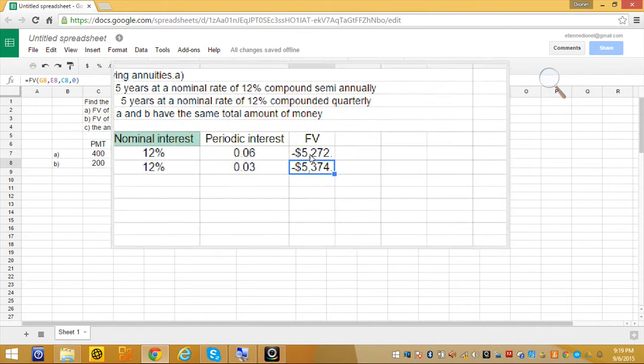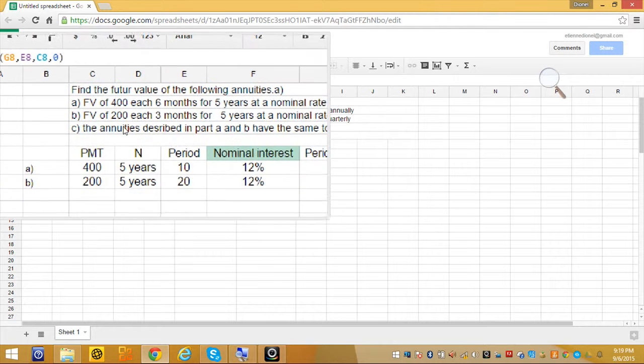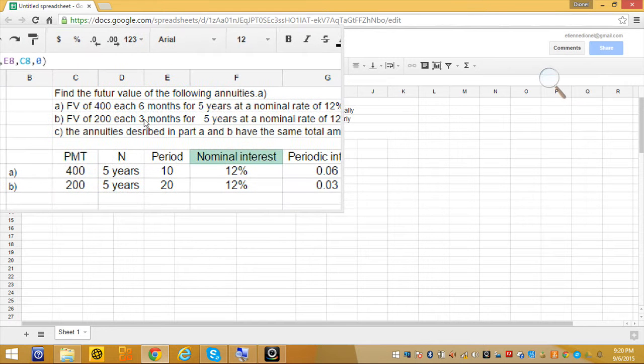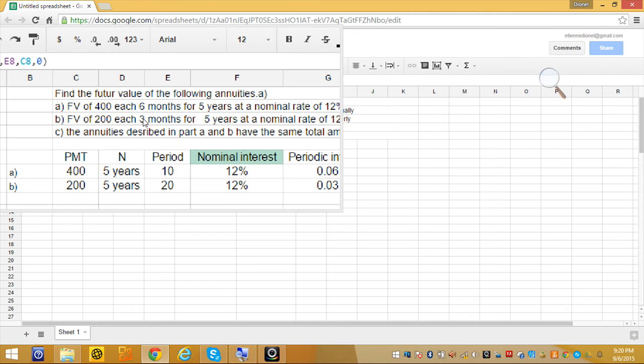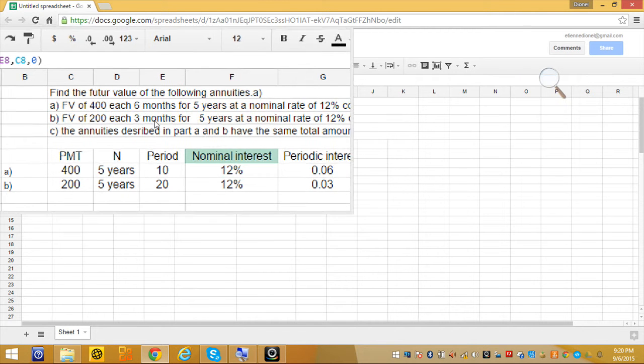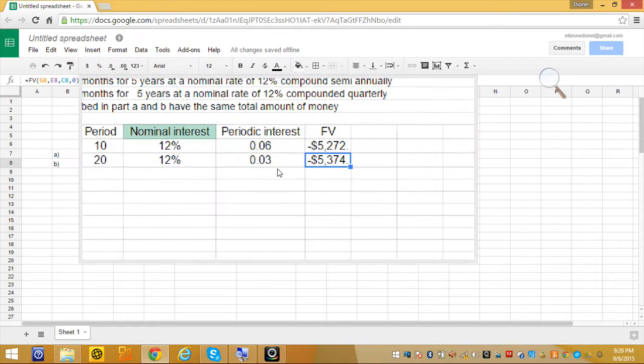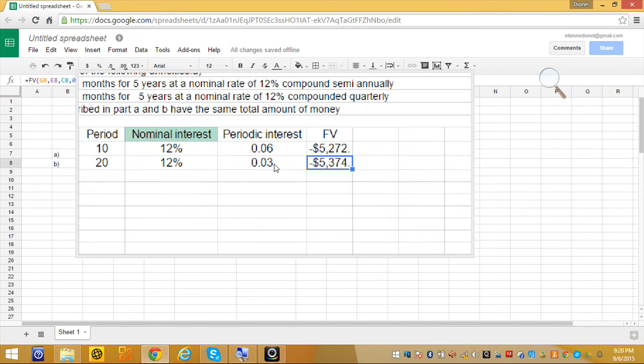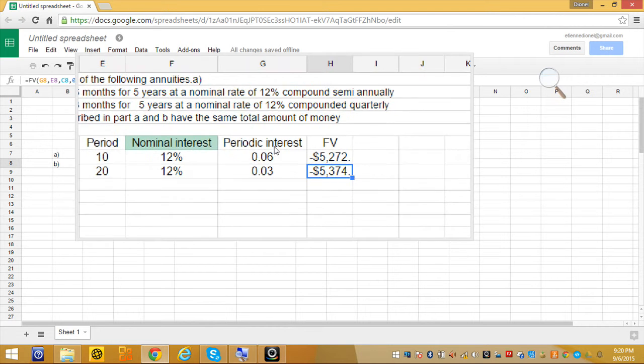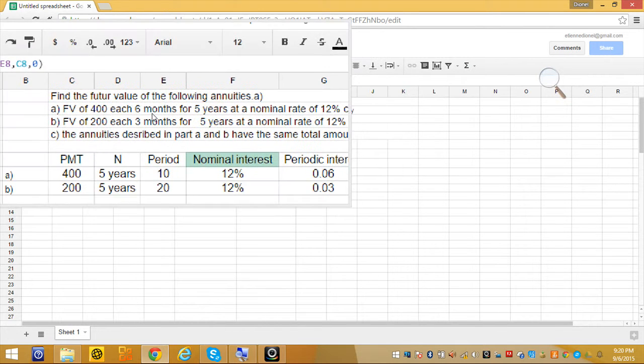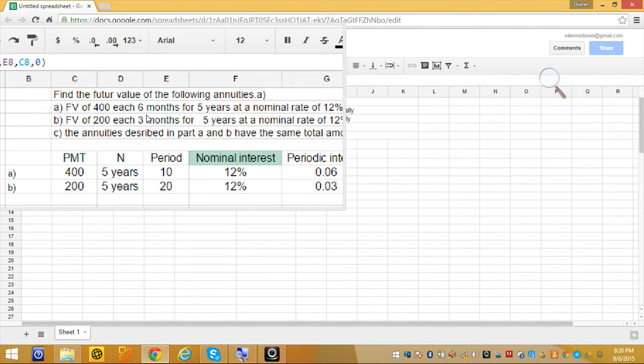What's going on? The way to explain this is the fact that you're compounding every 3 months, you get more money, you're going to have interest over interest. That's the way you should understand it. So let's say the first 3 months you got 2%, but you're going to keep this 2% to apply to the next 3 months. That's why these 6 months are going to be bigger than these 6 months.